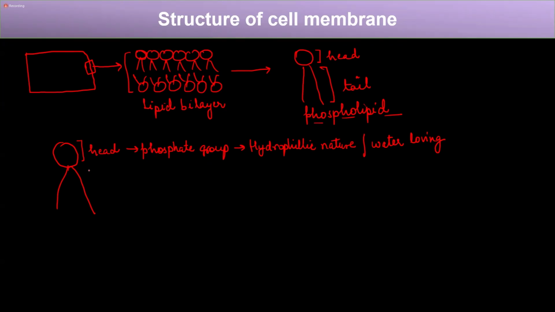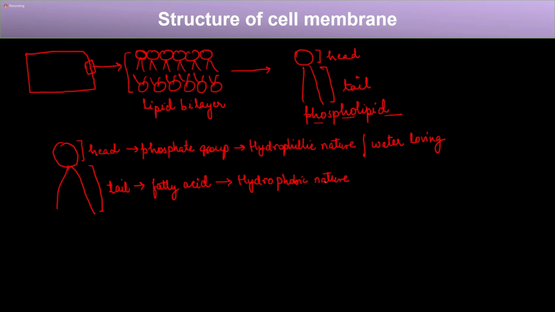Now we have a second component, that is the tail. What is this tail made up of? It is made up of fatty acids. These fatty acids are nothing but a long hydrocarbon chain with a carboxylic group in it. These fatty acids are hydrophobic in nature.